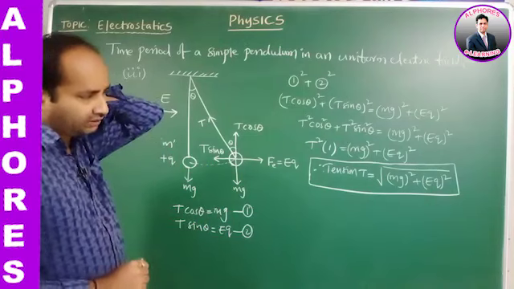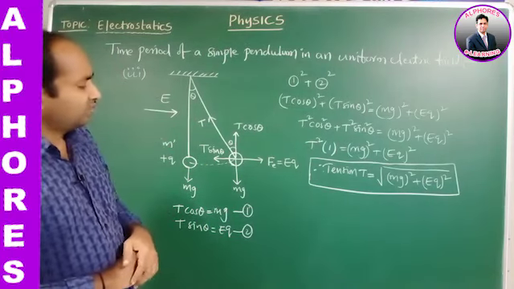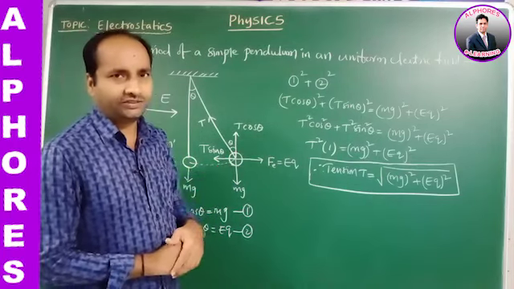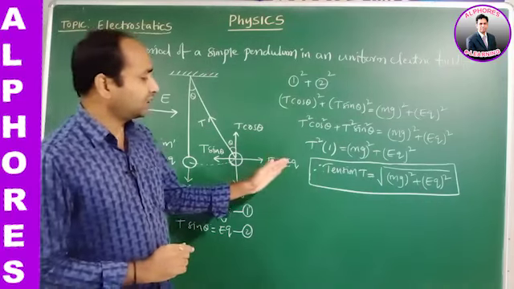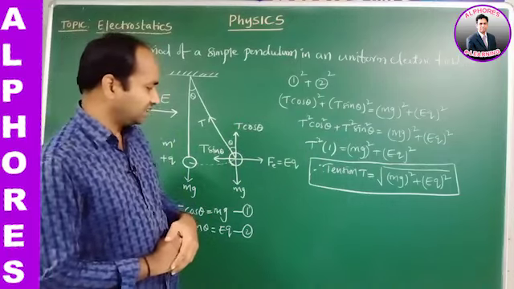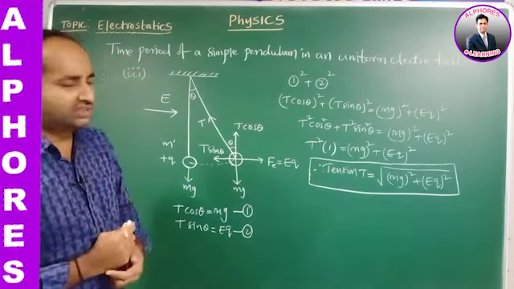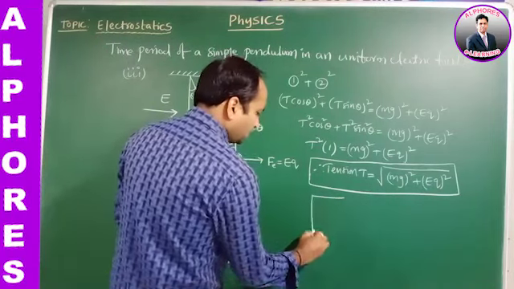Now find the time period. The electrostatic force is acting towards the right side, so the acceleration due to the electric field is also towards the right side, in the horizontal direction. But acceleration due to gravity is g downwards. Here two accelerations are there.